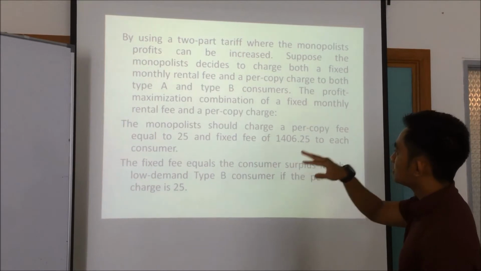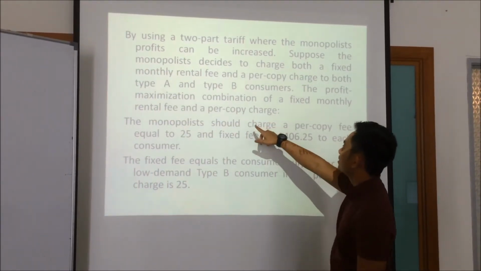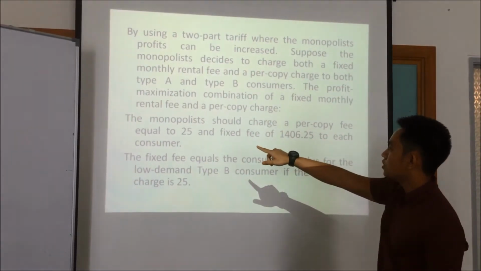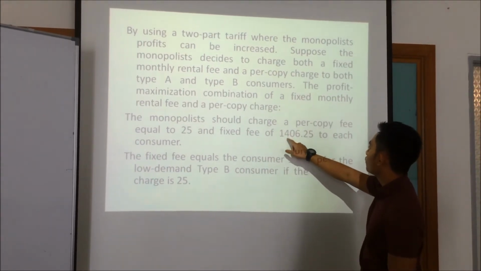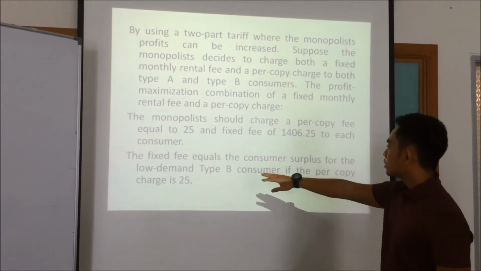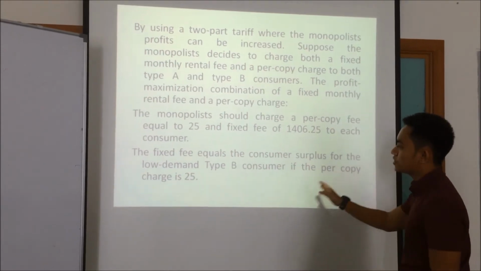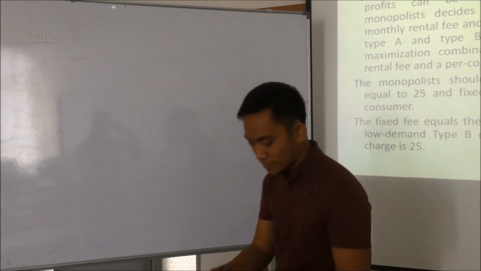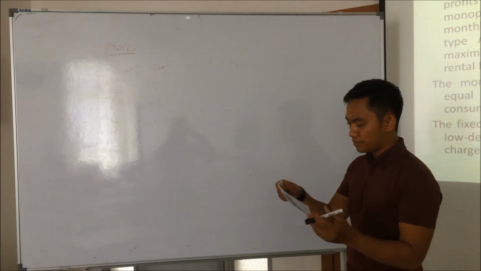The profit maximizing combination of the fixed monthly rental and the fixed per copy charge: the monopolist should charge a per copy fee equal to 25 and a fixed fee of 1406.25 to each consumer. The fixed fee equals the consumer surplus for the low demand type B consumer if the per copy charge is 25. That's the question, and the solution is next.